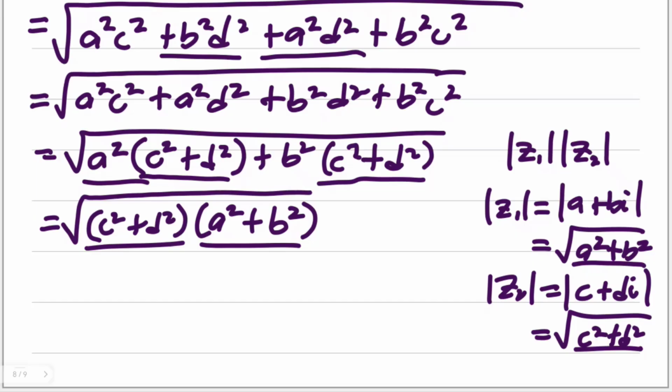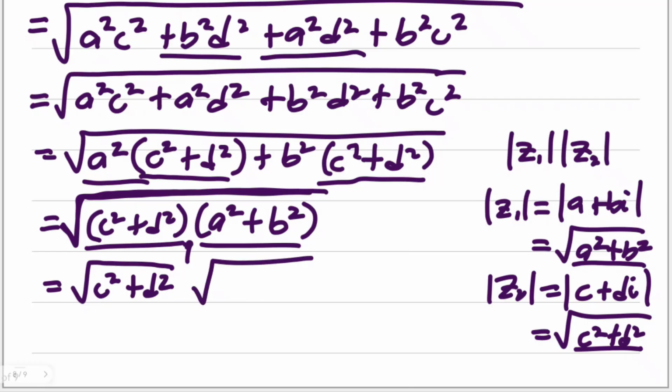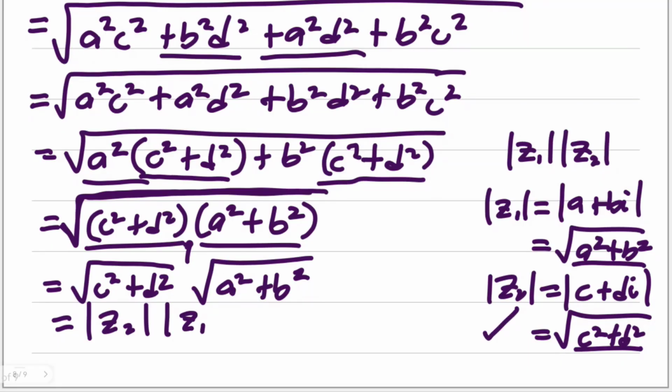In short, we can separate them because of the property or the law for our radical expression, if we have products on our radicand, simply separate them into separate radicands. C squared plus d squared, as long as the radical expressions will have the same index as the original. Okay, so that's actually a squared plus b squared, which gives us a result of the modulo of z sub 2, because that's our z sub 2 here, times the modulo of z sub 1.